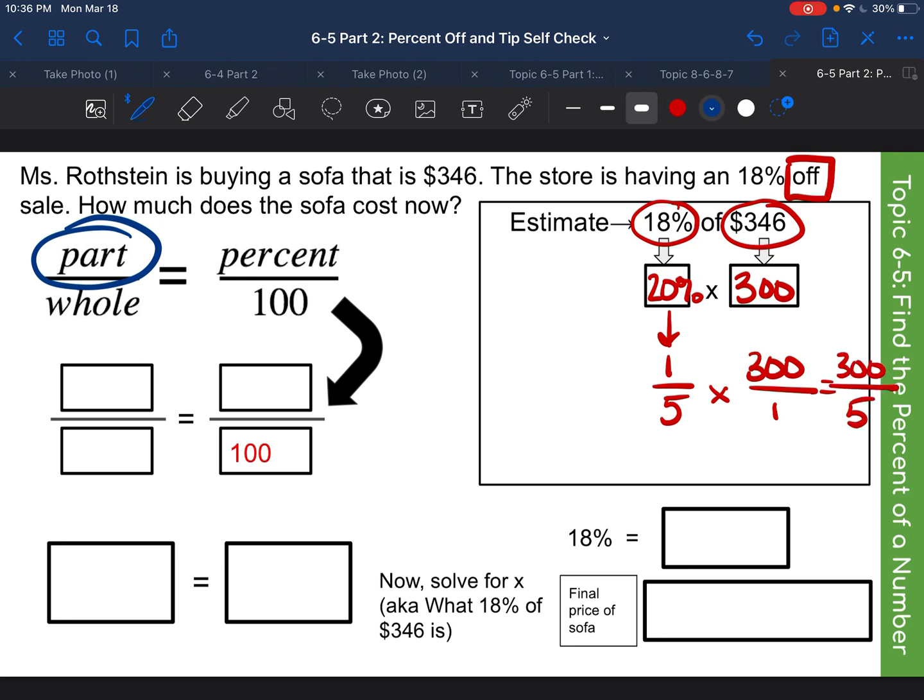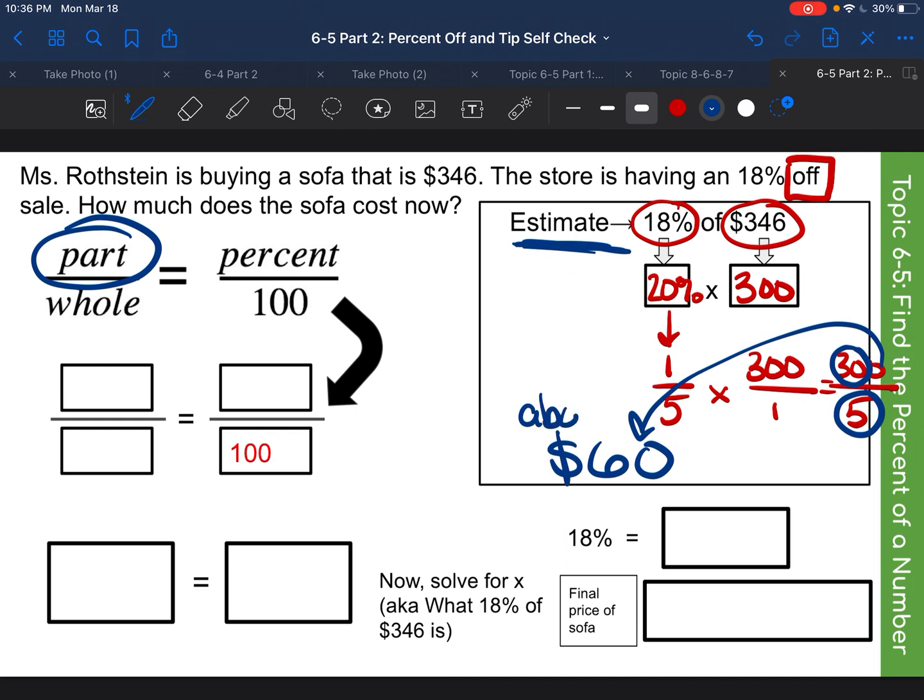Now, again, you can set this up, but the basic fact is 30 divided by 5, which is 6. Add the 0, it's 60, meaning that about 18% of 346 is 60. So 60 is our, we can say about $60 discount.